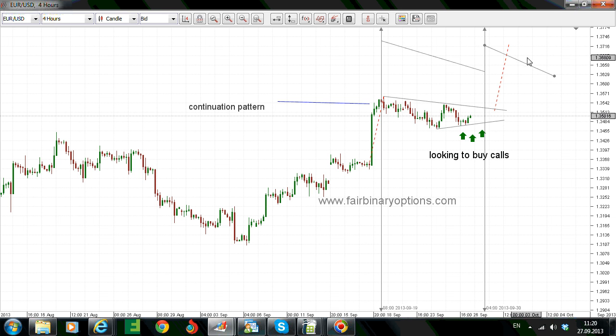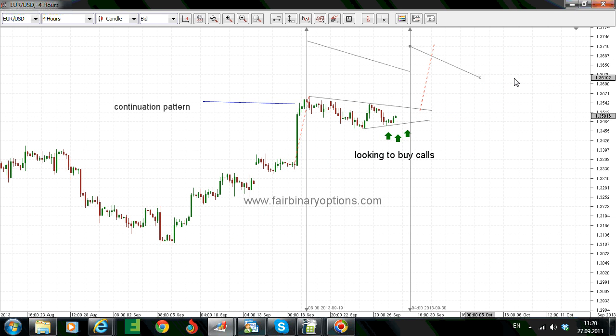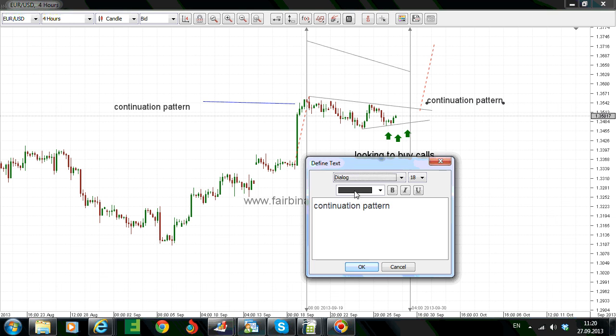So normally we project on the right side, something like that, and for that we are looking to buy calls with a 1 week expiration date by the time the contracting triangle is broken.